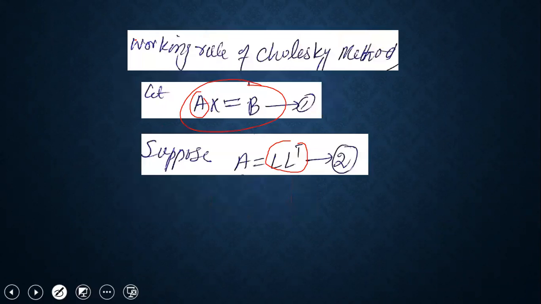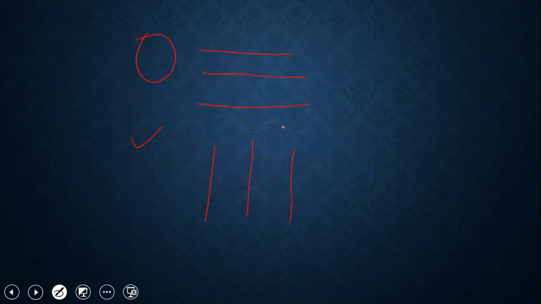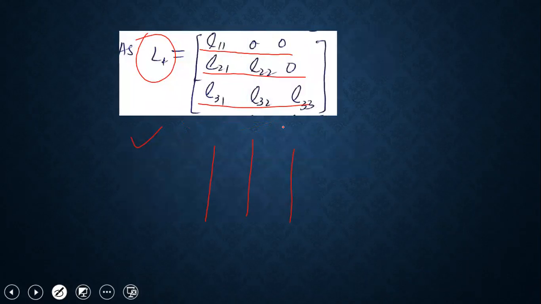Just once again, the working rule is you will have a system like this one. You have to replace A by L L transpose. And L is equal to L11 and the other zeros, then L21, L22, L31, L32, and L33. We have to find these.